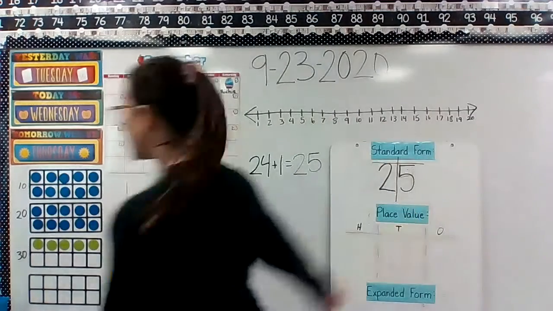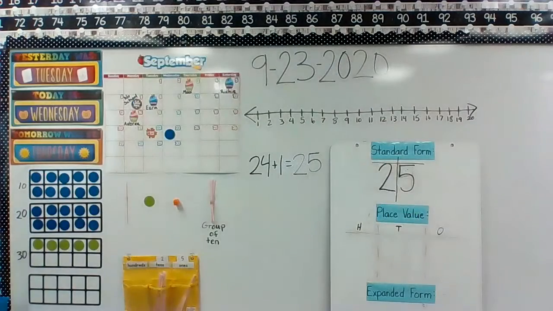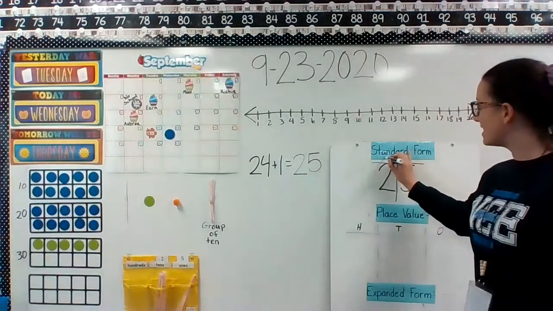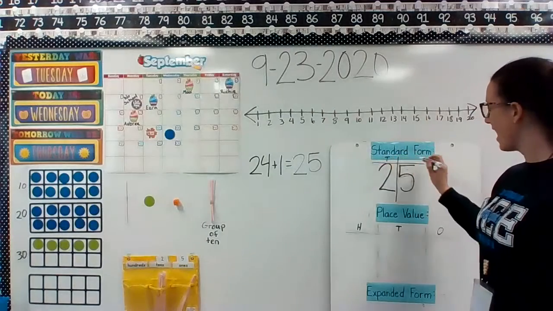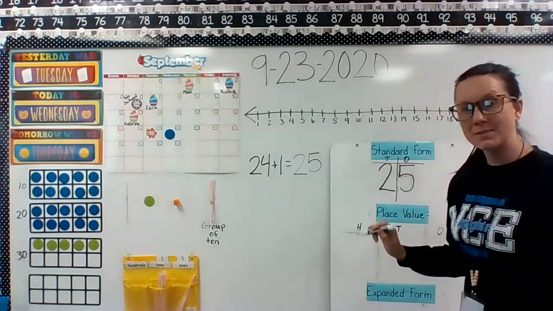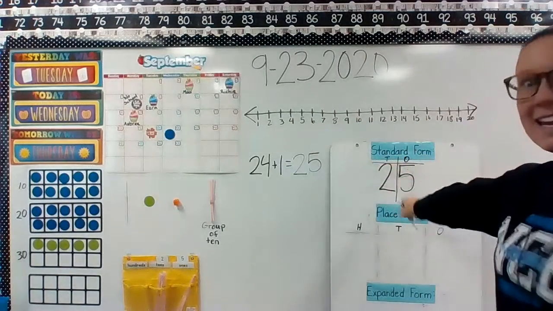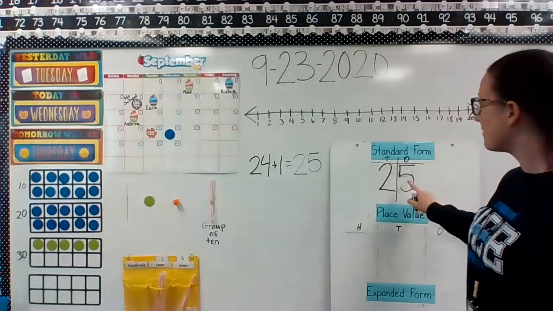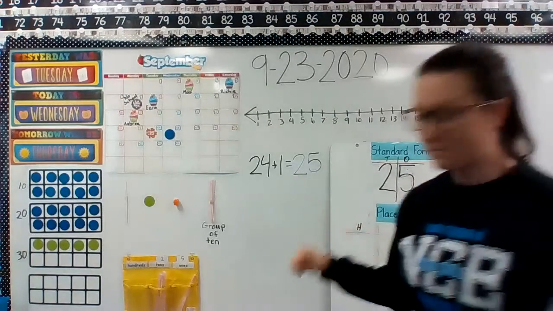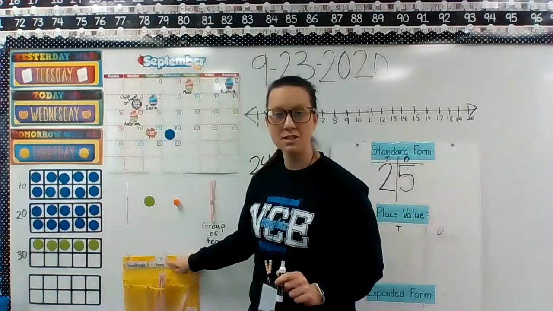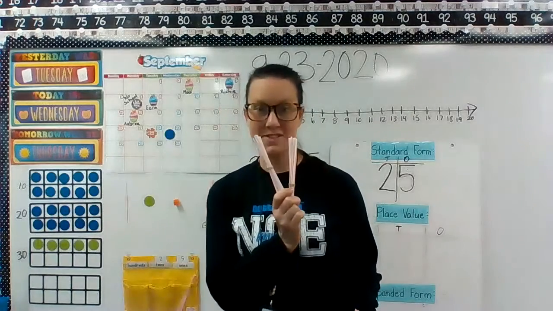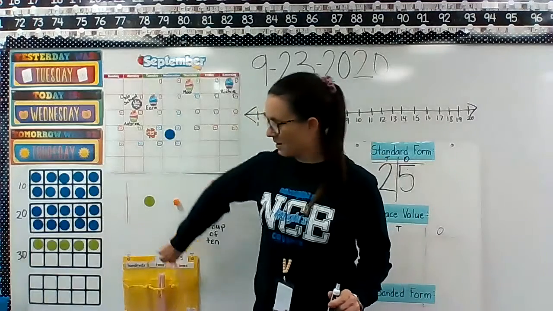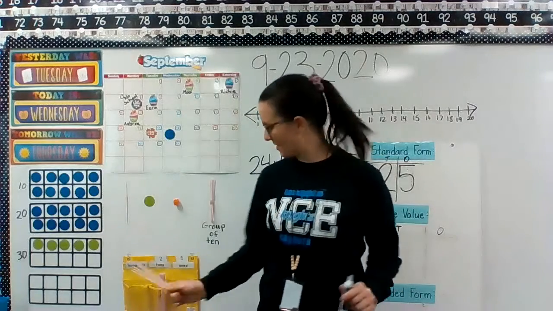So we're going to put the 10s and the 1s. We have split this up. We have a T for the 10s place and an O for the 1s place. So that means that we should have 2 groups of 10 and we should have 5 1s. See? 2 10s, 2 groups of 10. And 5 1s? Yep, 5 1s.